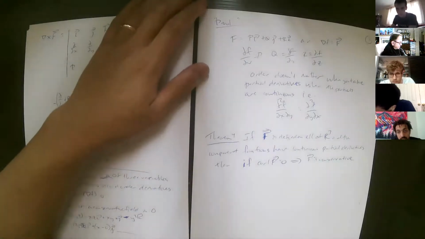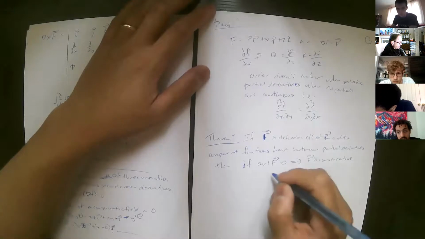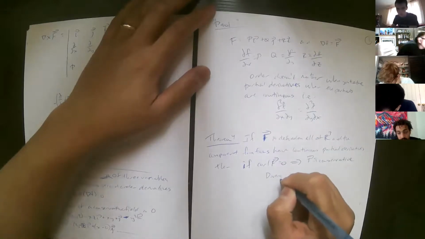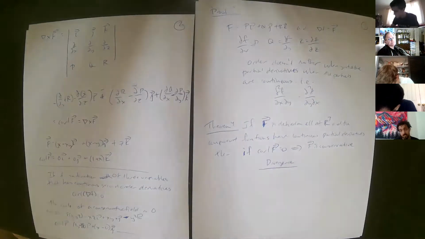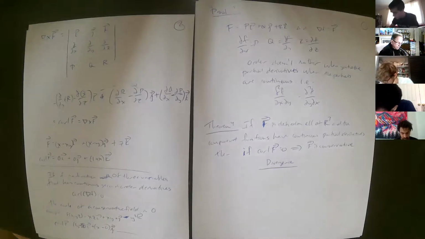Okay, so we talked about curl. What's the other object of interest we're going to talk about today? The divergence. And the divergence is, I think, an easier thing to describe. So what is the divergence?